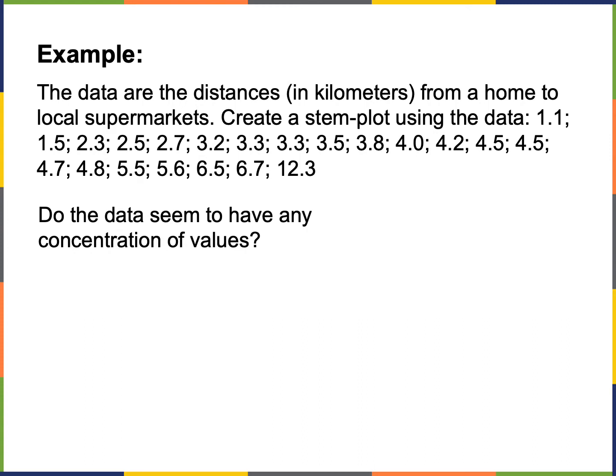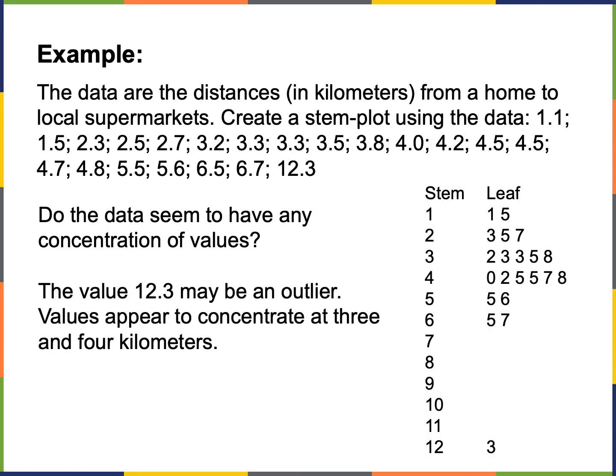Okay, so now that you're done pausing it and you've tried it and you have it on your paper, let's see how close you were. So we have here 1.1, 1.5, 2.3, 2.5, 2.7, 3.2, 3.3. So here's all the data.